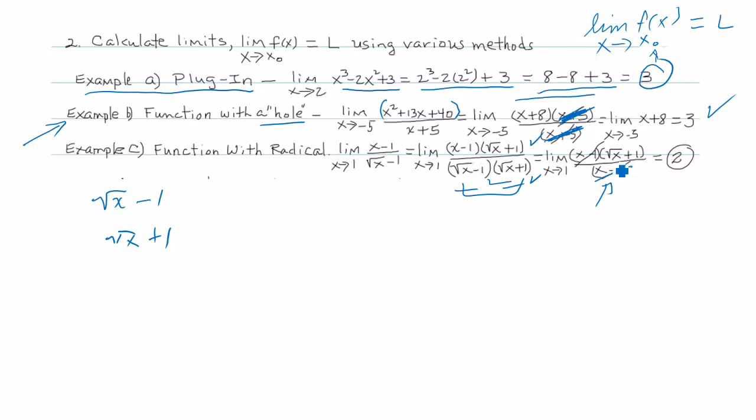And notice you get cancellation, and you're left with the square root of x plus 1. And now all you need to do is plug in x naught, which is 1, and you get the square root of 1 plus 1 equal 2. So you need to know how to use that technique.